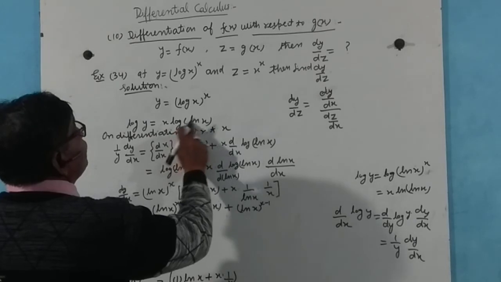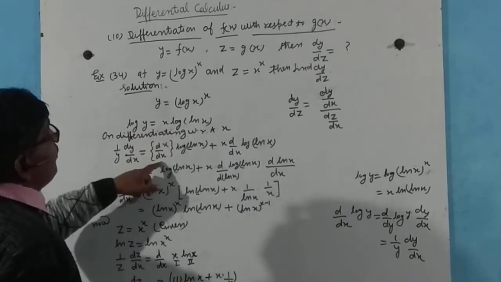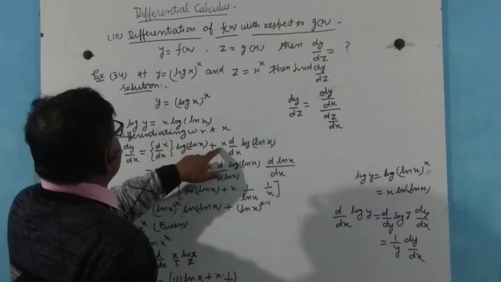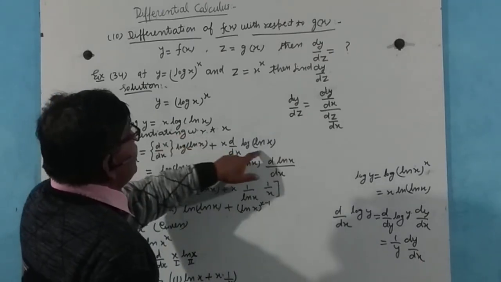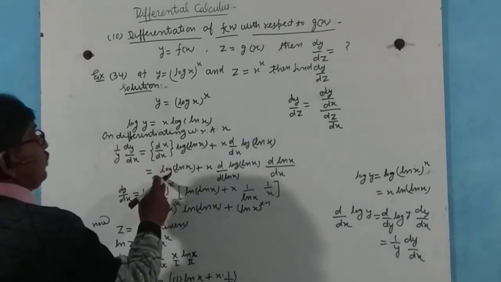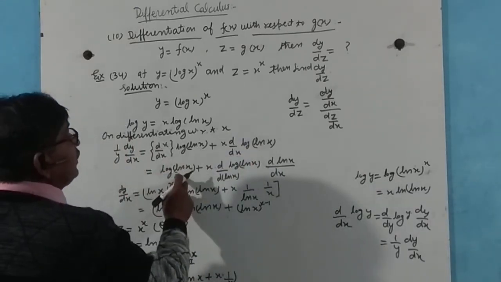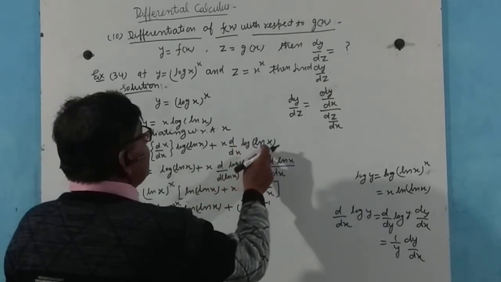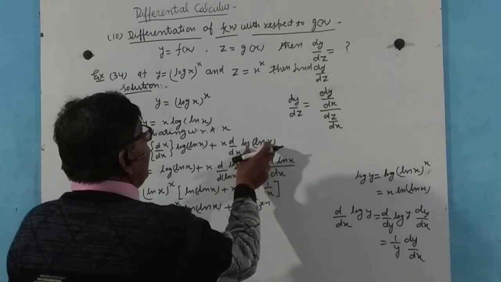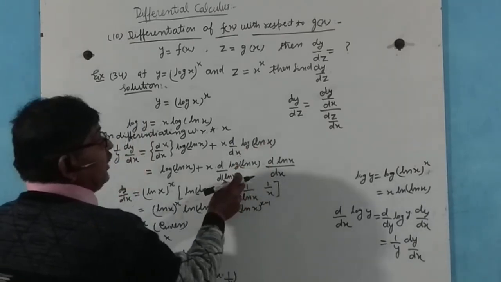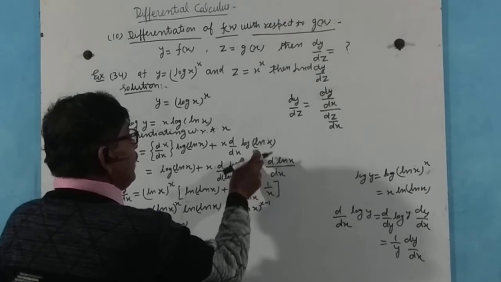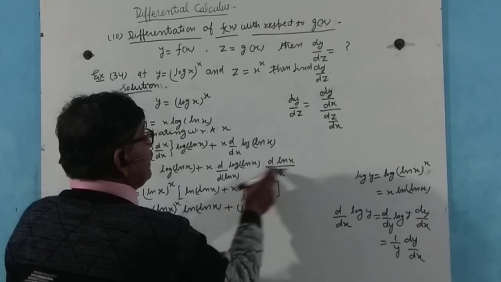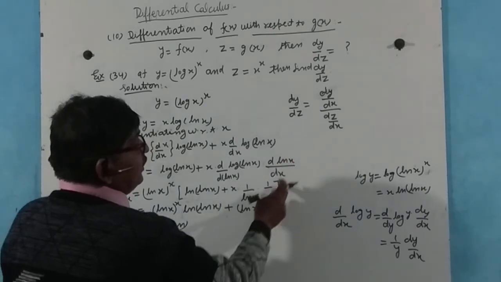Now here, the differentiation is first into differentiation of second plus second into differentiation of first. This is equal to 1 times log of log x, plus x times d by dx of log of log x, which with respect to log x equals 1 by log x, and differentiation of log x with respect to x is 1 by x.